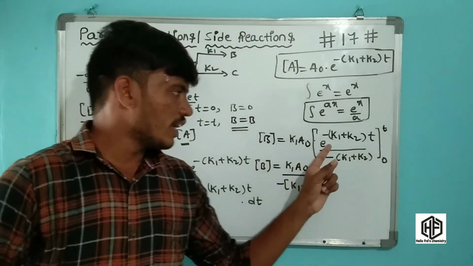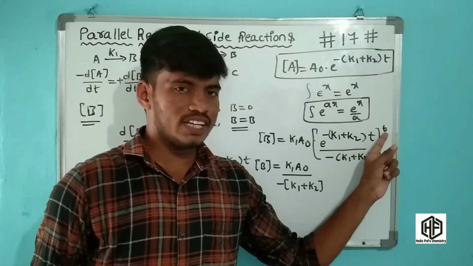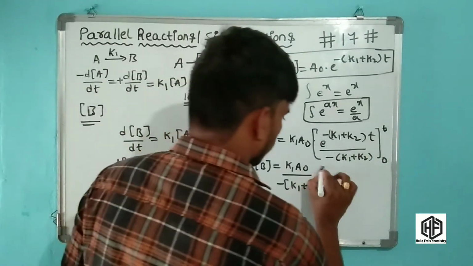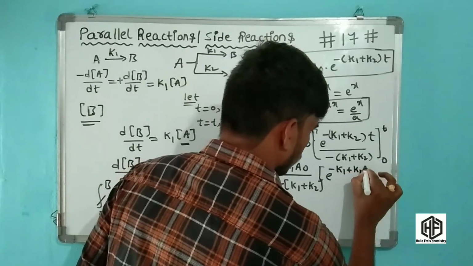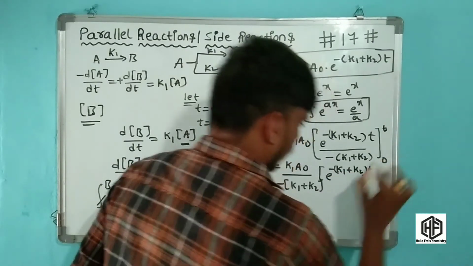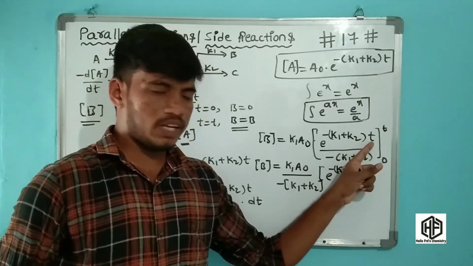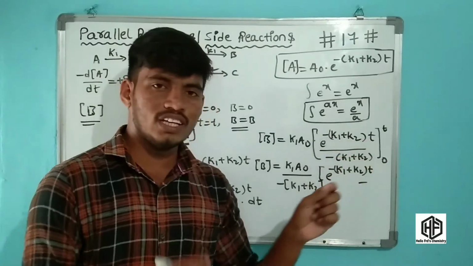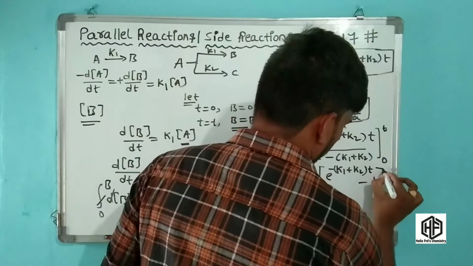With the upper limit t, the value is e power of minus (k1 plus k2) t, minus the lower limit applied: e power of minus (k1 plus k2) into 0, which is e power of 0, and that value is 1.